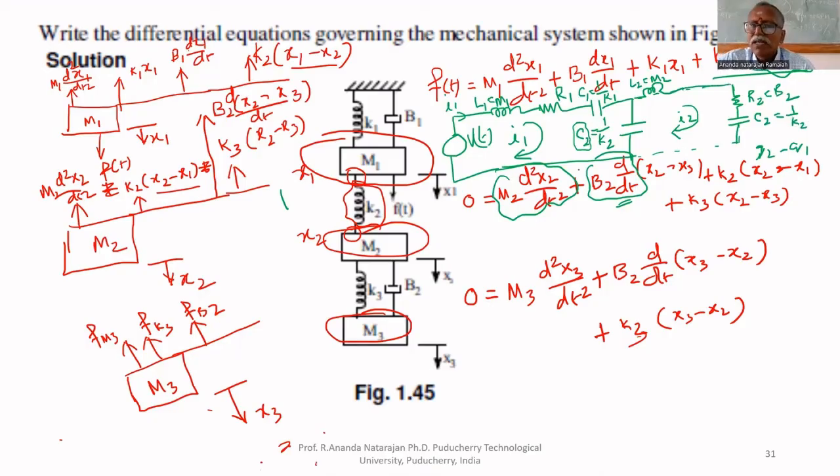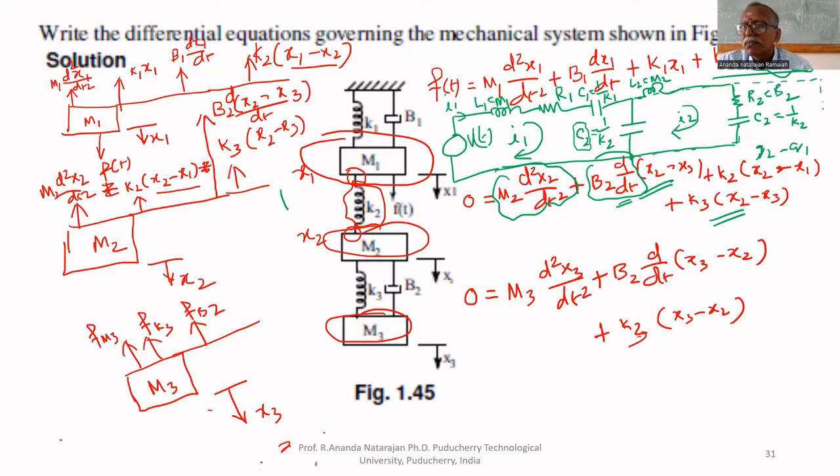How many elements? Inductor, resistor, capacitor, so 4 elements in this loop. The second loop is over. Now we have to draw the third loop. X2 minus X3 is in the third loop as well as the second loop, that's why it comes here.